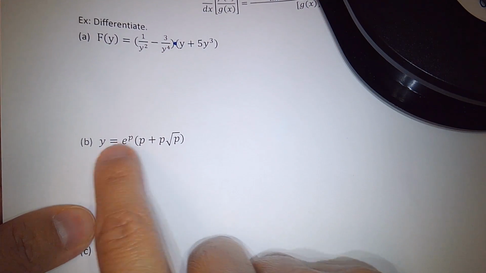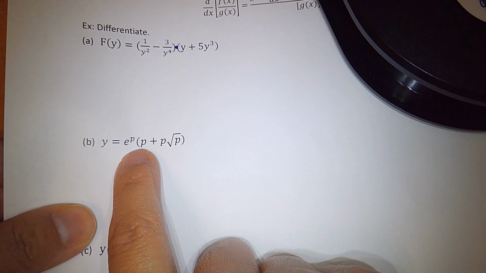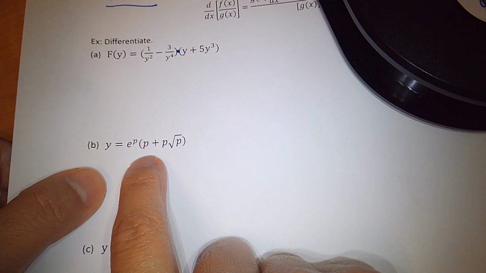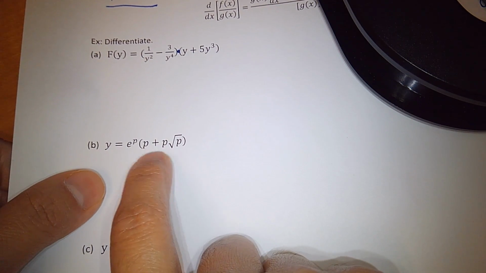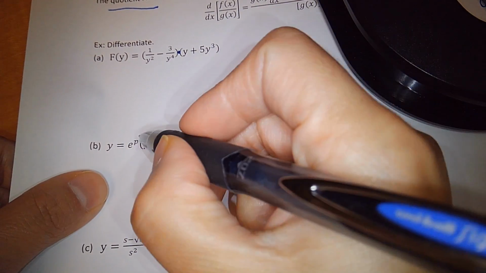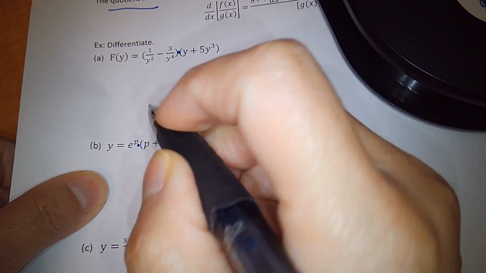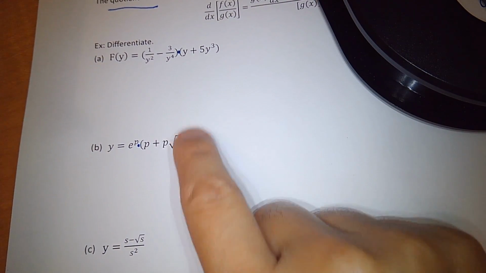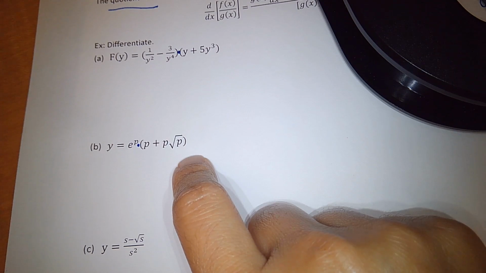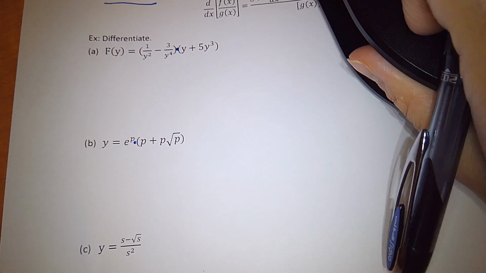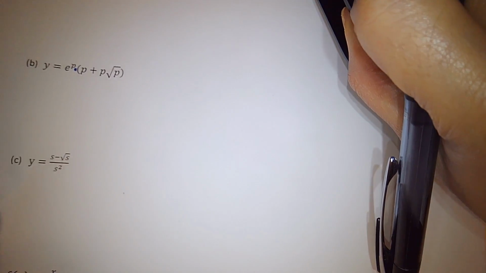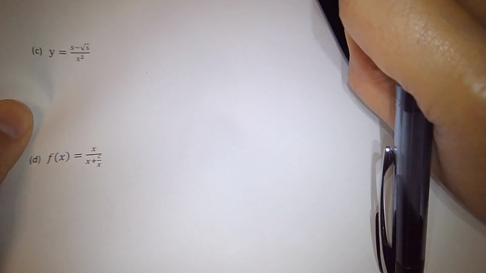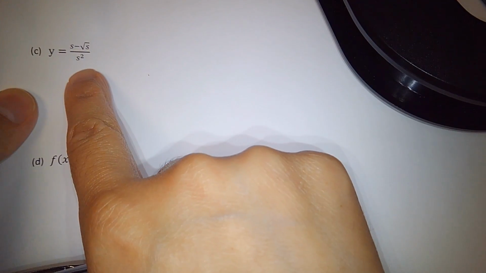How about question B? Which rule are we going to use, product rule or quotient rule? Product rule, right? How about question C and question D? Is this a fraction?